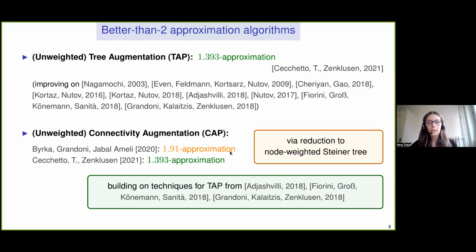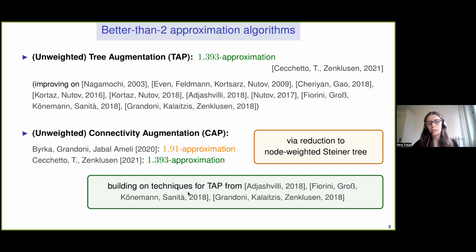What is interesting to note maybe about the techniques for this unweighted connectivity augmentation problem is that the techniques used in these two papers are actually very different. The first one by Byrka, Grandoni and Jabal Ameli works via some reduction to some node-weighted Steiner tree problem, whereas the second approach is building on the techniques from TAP. So this paper is strengthening and generalizing the techniques that were previously known from TAP, building on a line of work started by Adjiashvili in 2018.